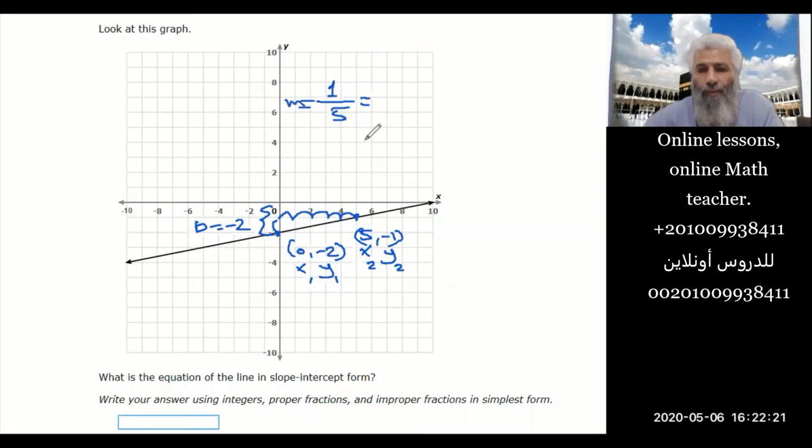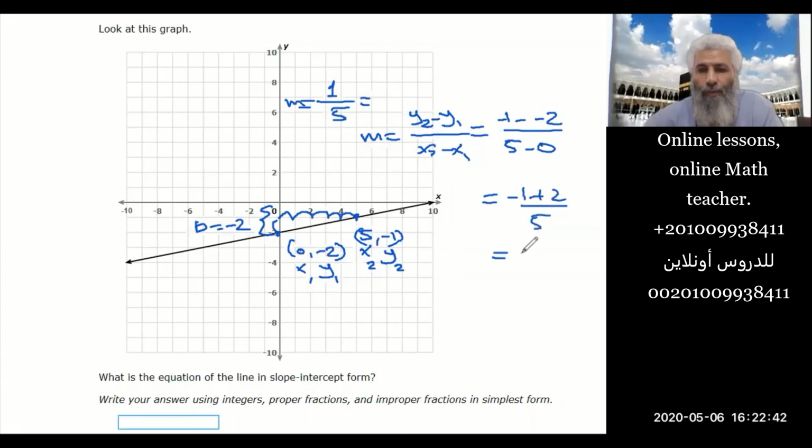If we want to calculate it, m equals y2 minus y1 divided by x2 minus x1. Now y2 is -1 minus -2 divided by x2, which is 5 minus 0. This is -1 plus 2 divided by 5, 1/5. The same result. Our equation will be 1/5x minus 2.